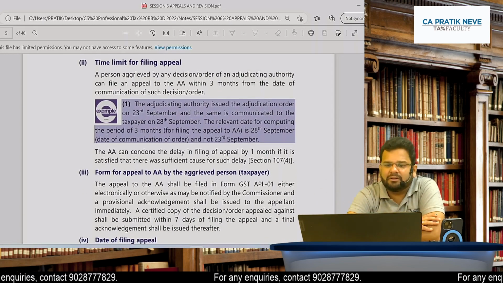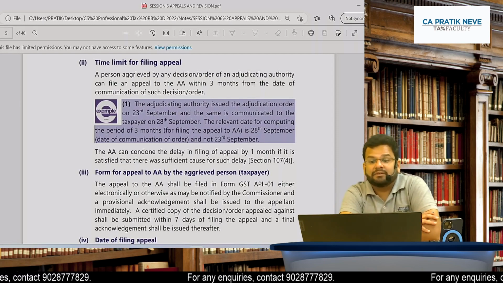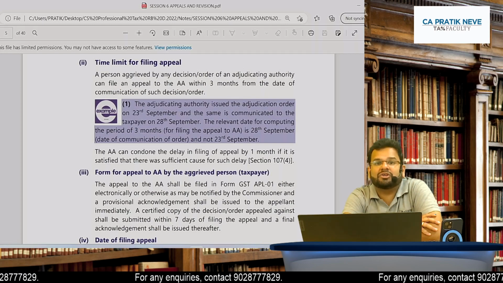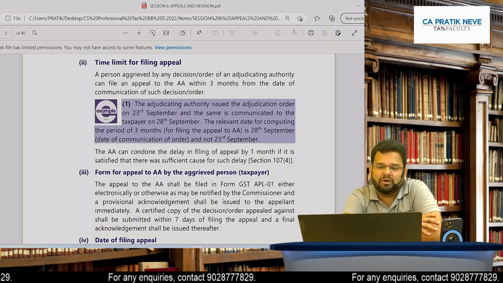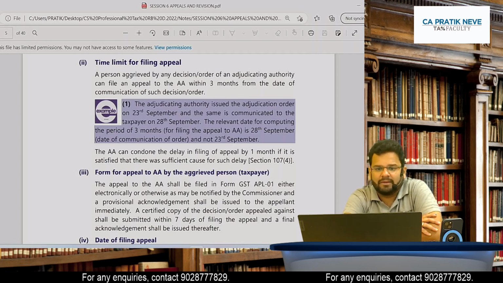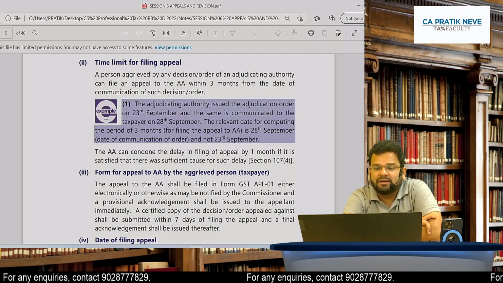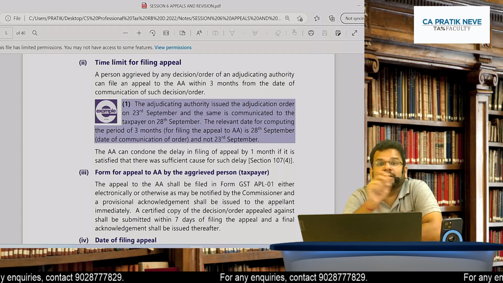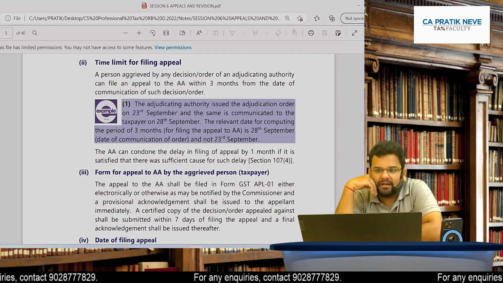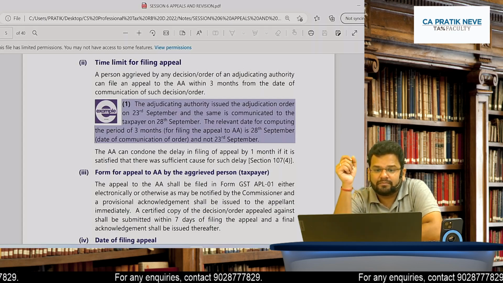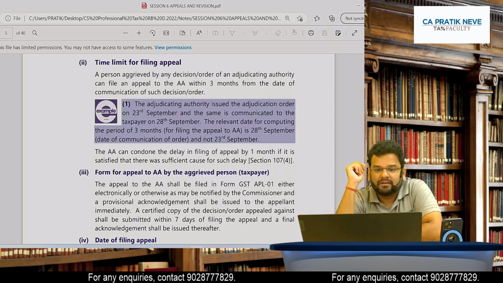Check the time limit for filing the appeal: within 3 months from the date of communication of such decision or order. See the example. The adjudicating authority, the GST officer, issued the adjudication order on 23rd September, and the same is communicated to the taxpayer on 28th September.